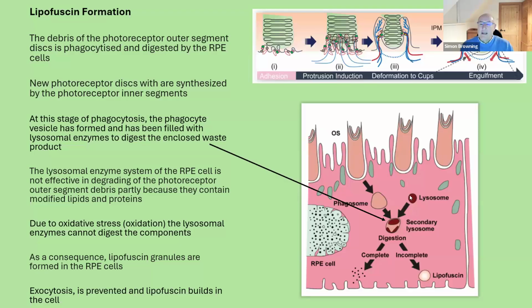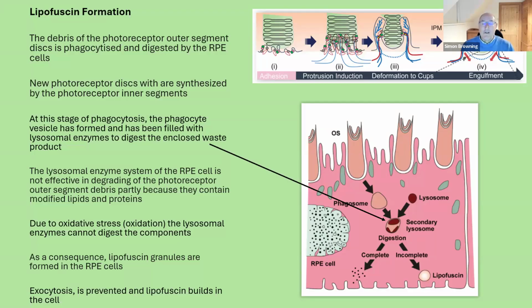Then lysosomal enzymes enter into the phagosome, and that's where you break down the waste products by enzymatic work. If everything was working perfectly, you should end up with complete digestion of those products, and you've got disposable waste product. And that would be wonderful.